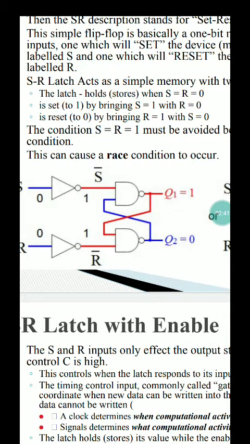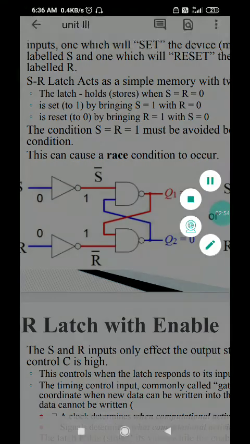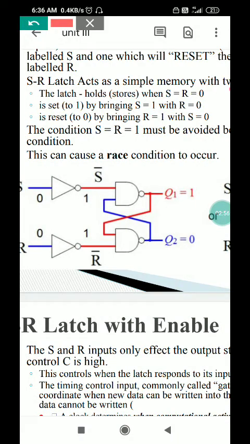So how it functions: the latch holds or stores data, whatever there is in the memory. It holds that data if inputs S and R both are 0. This S and R will decide whether it will store or not.